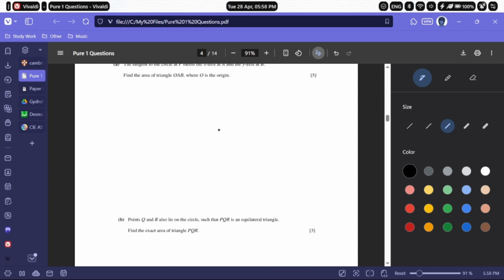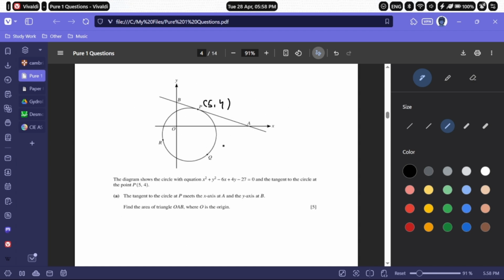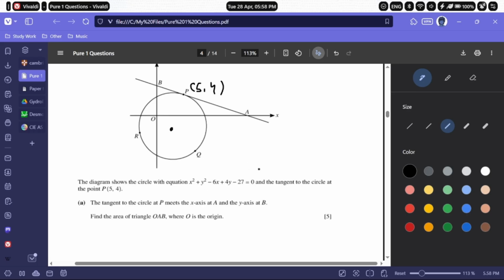Again, this is pretty straightforward, so I don't think I should waste time on this. Basically, just use the logic that you have your center over here. When you have your equation in this form, you can divide the coefficient of x and the coefficient of y by -2 to get your center. So it would be -6 over -2, comma, 4 over -2.